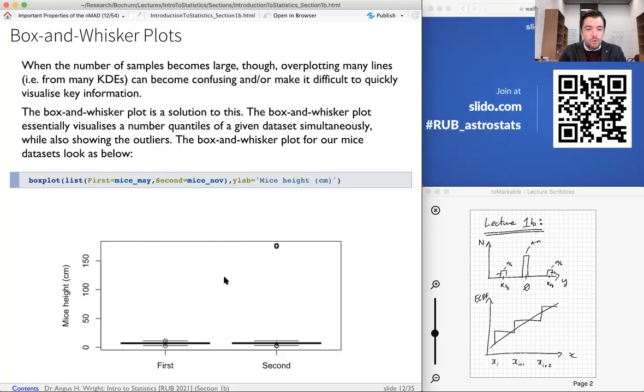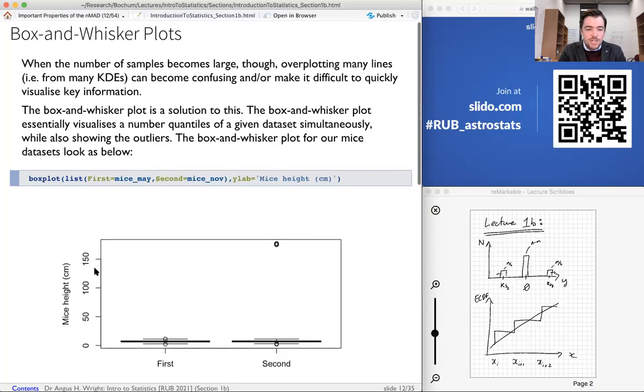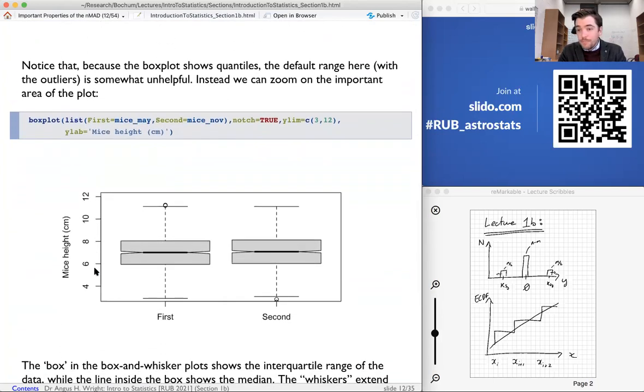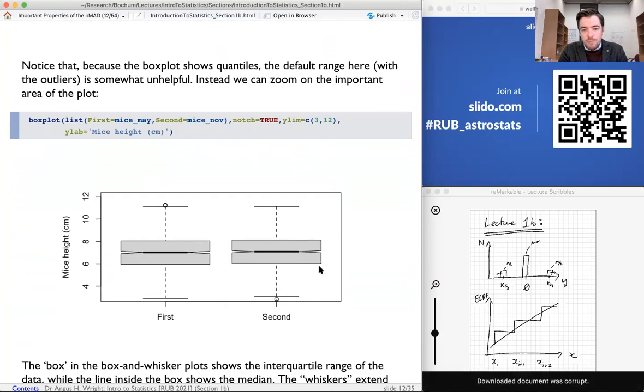And so just to get an understanding of what's happening with these actual box and whisker plots, we can shrink down the y-axis to instead just contain the overwhelming majority of the data. And this is what we see with the box and whisker plot. So what we've got here is the box section of this distribution shows you the interquartile range of the data that you have.